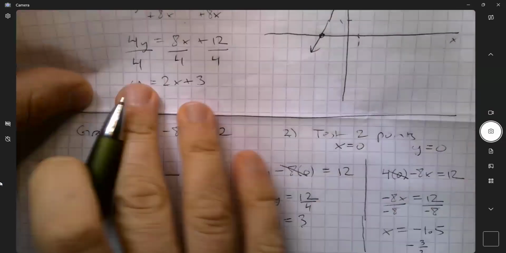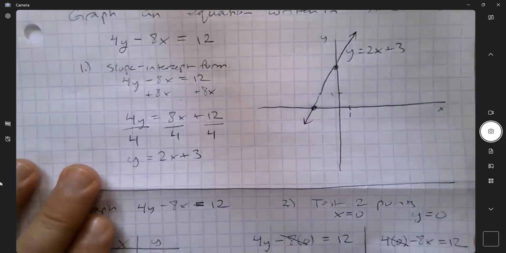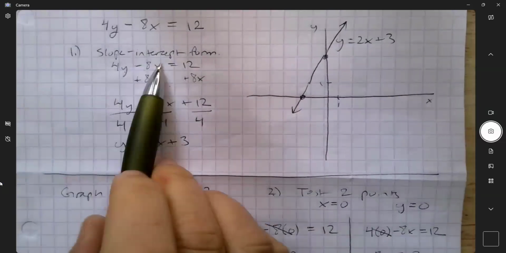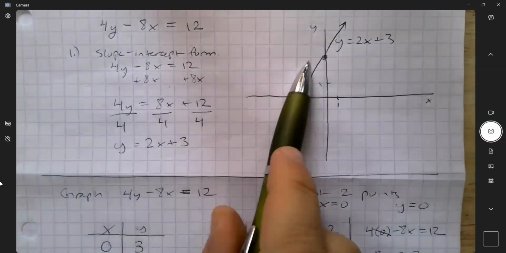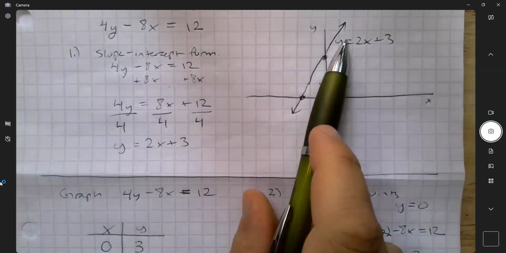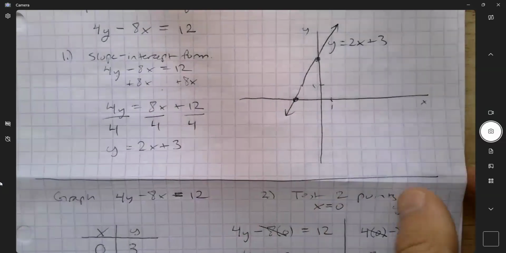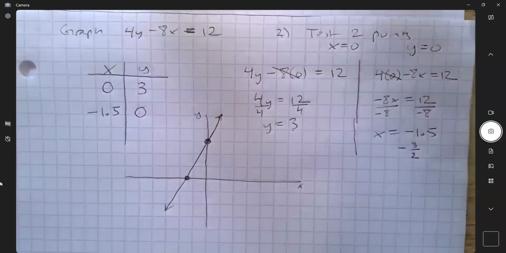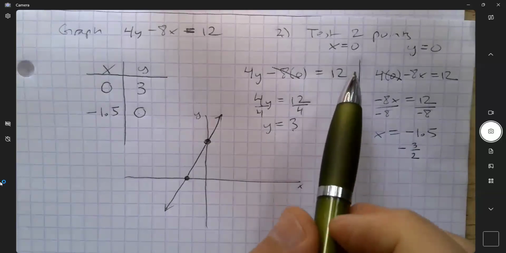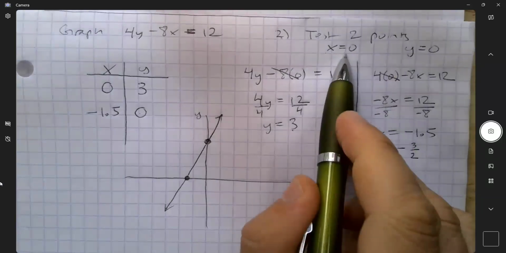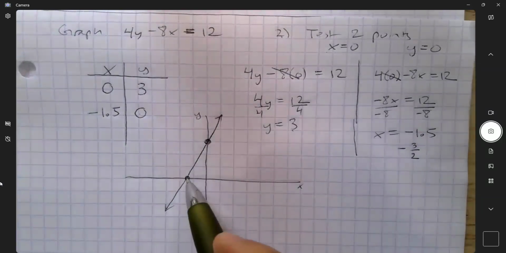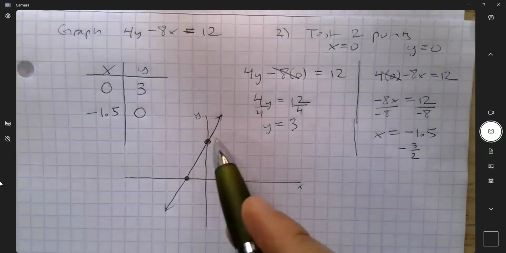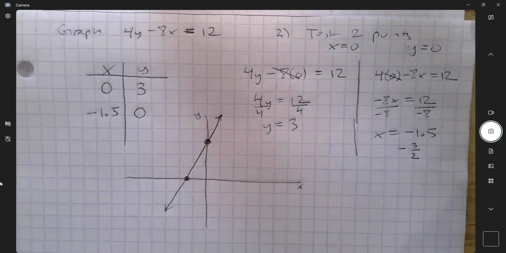So graphing an equation written in standard form, as a recap, one, you can solve for slope-intercept form and then use the intercept and the slope to draw your line. Or two, you can test two reference points, let's start with the y-intercept where x is 0, and then the x-intercept where y is 0, and then you get 2 points on your graph and you connect them.